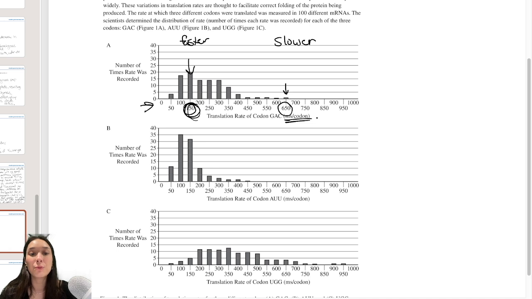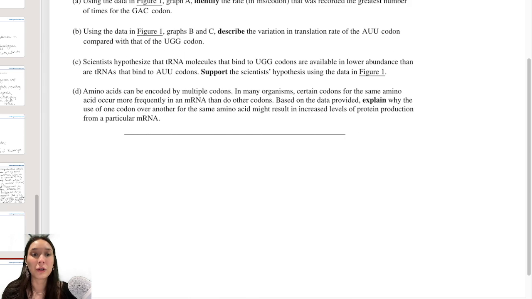But since it's milliseconds per codon, everything closer to the left end of the graph is going to be faster, and everything to the right end is going to be slower. So if you were confused by this one, just keep in mind what the units actually are and what the bottom x-axis is indicating. Okay? So let's go into our first question.